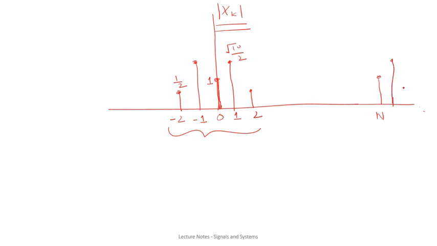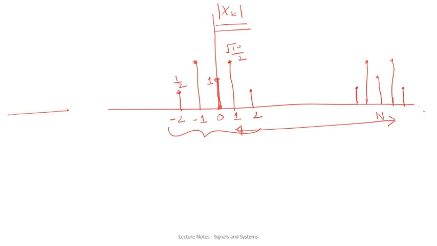So this will be root 10 by 2, this will be 1. Okay, so from here to here, this will be N samples apart. So this will be same, so this can be symmetric, so you can just plot this.